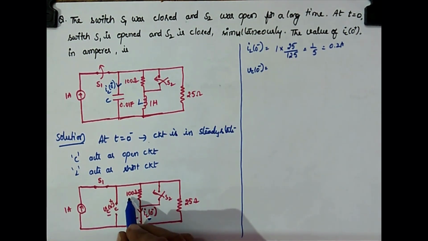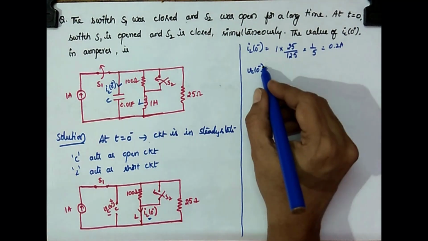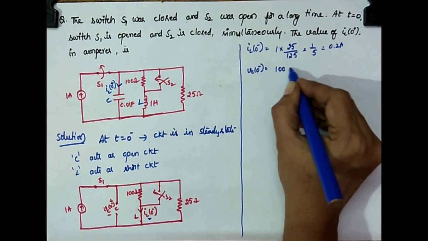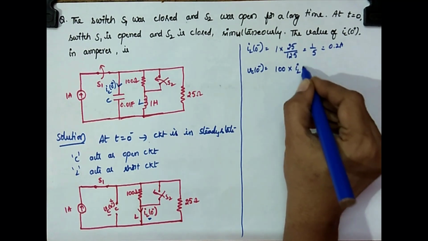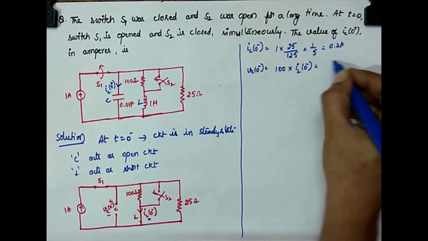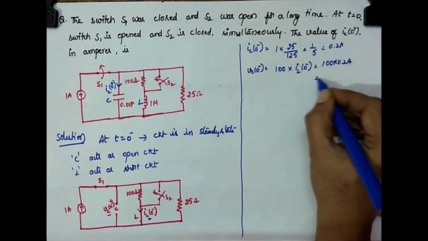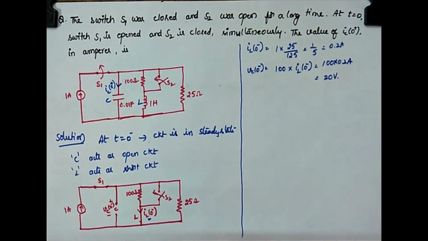The voltage across the 100 ohm resistor is 100 ohms times IL(0-). Therefore VC(0-) is 100 times 0.2 amperes, which is 20 volts. These are the conditions for t = 0 minus.